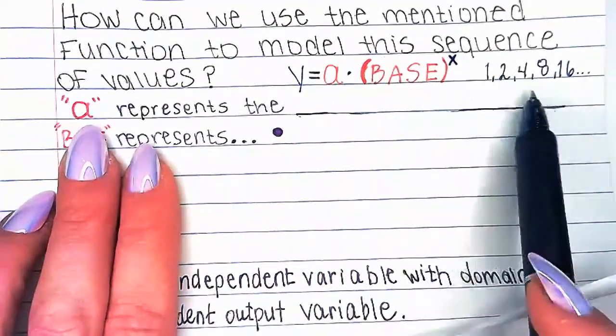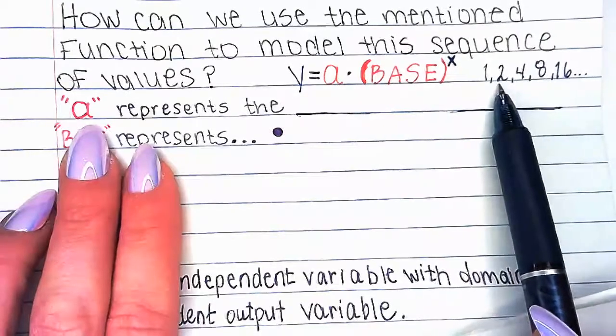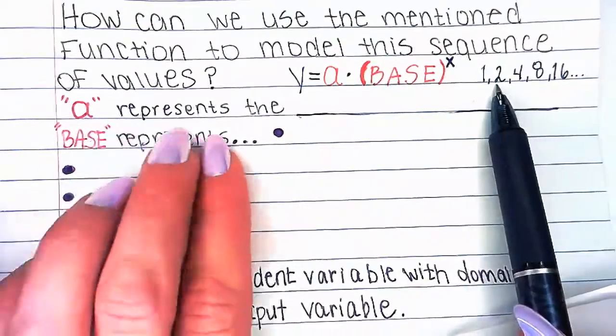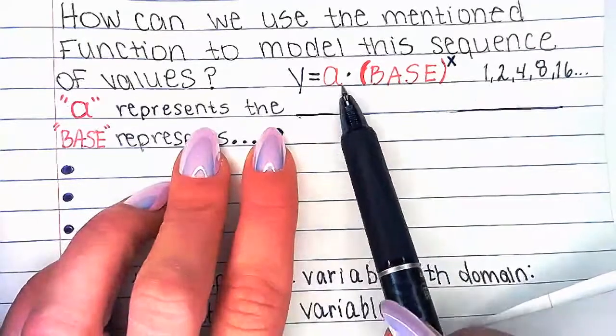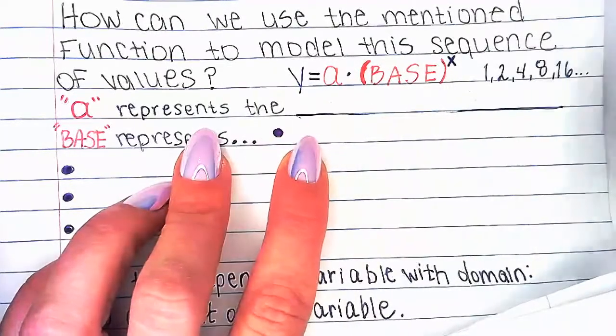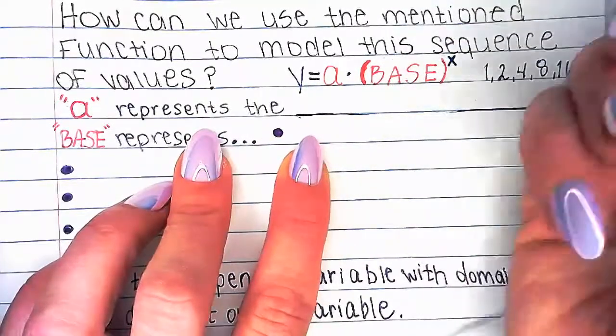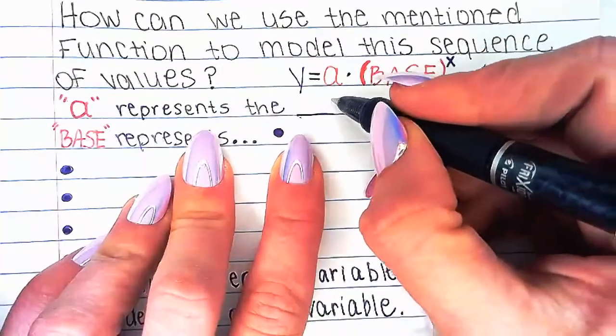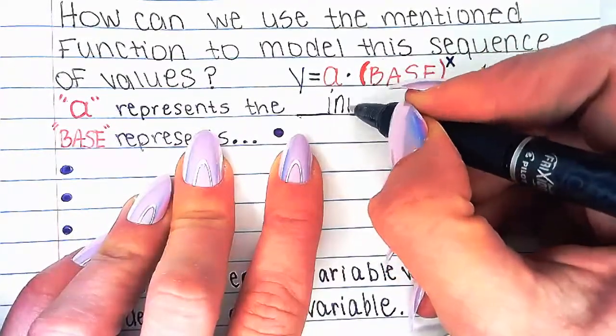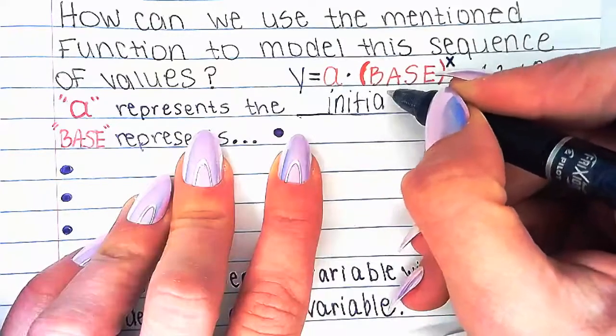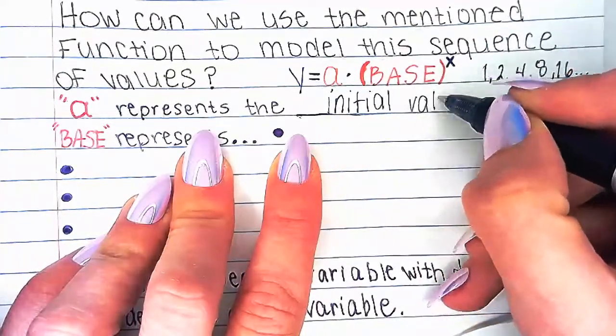If we look back up at what you wrote down for the most recent part, a really is representing what went in for 1. And 1 is the number we started with. That's where we started our multiplication. So this is going to be called our initial value.